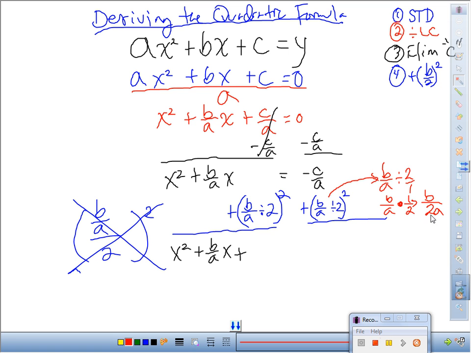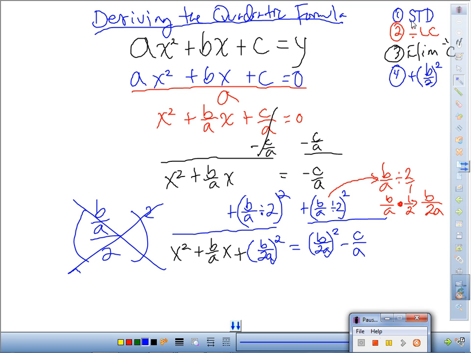Instead of having all that, now it's b over 2a. So this becomes b over 2a squared equals b over 2a squared, and I bring down the minus c over a. Copy that, please. And once again, you don't need to copy this one over here on the side. This is just to clarify that I needed to write it like this.